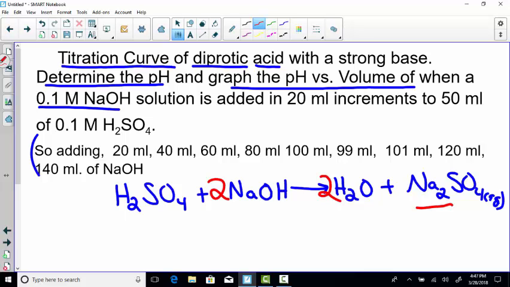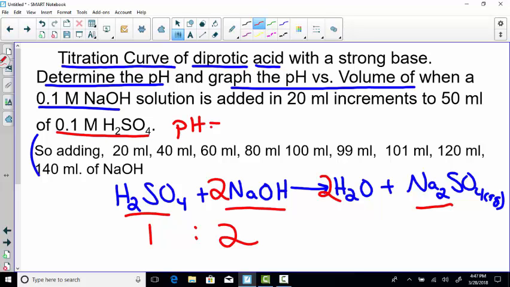The thing to make note of here is our acid to base ratio. We have a 1 to 2 mole ratio for the acid and the base, and that is going to be significant.